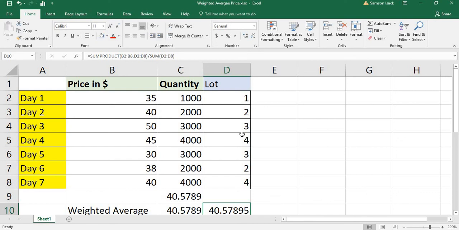So you have to go for a weighted average. This is the way you can calculate the weighted average per lot.